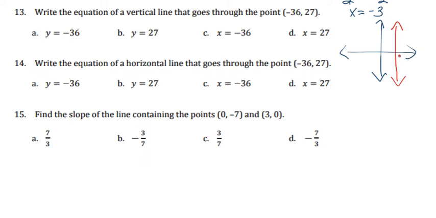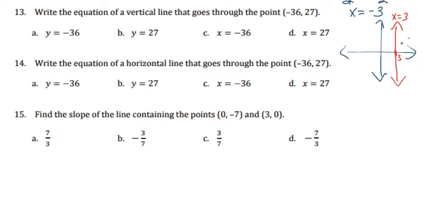Let's say this crosses through 3 of the x-axis. This will be the line x equals 3. Wherever it crosses the axis is going to be x equals that number or y equals that number, depending on whether it's vertical or horizontal.